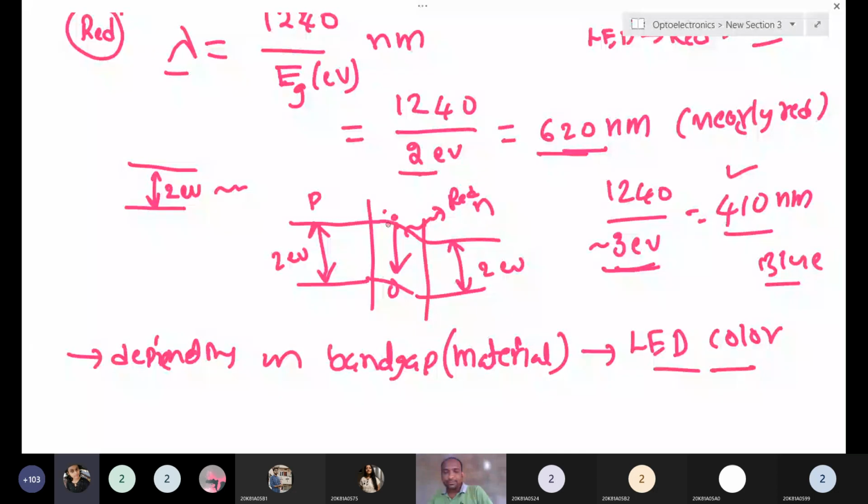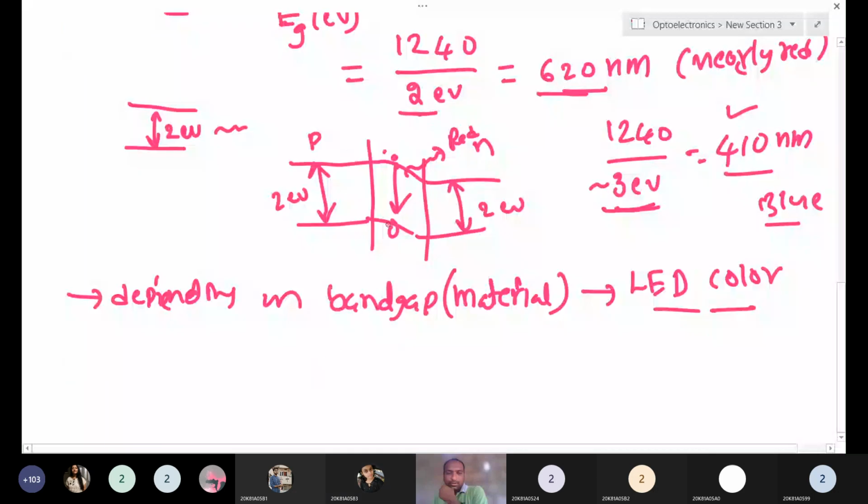Both will emit, no, sir. No, only direct, sir. Yes. See, direct band gap material will emit photons, and indirect band gap material will emit phonons. That is not photons, it is phonons.